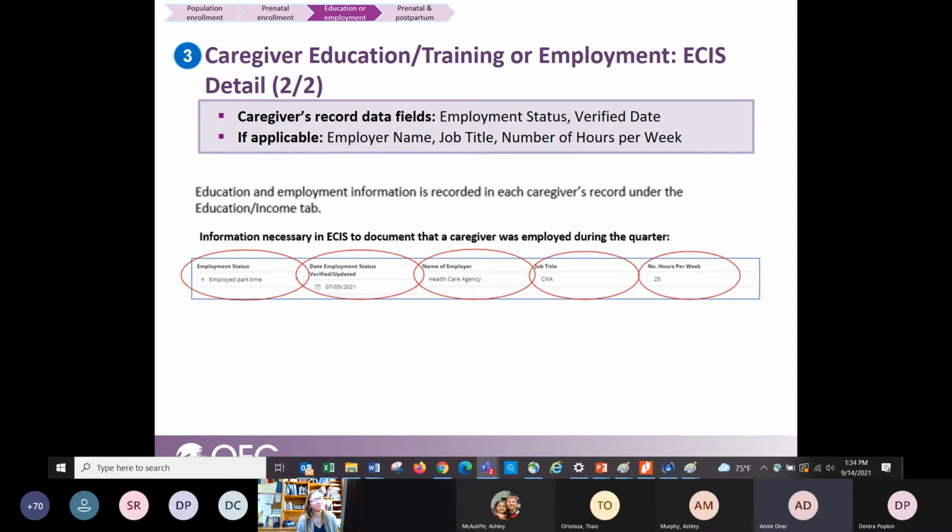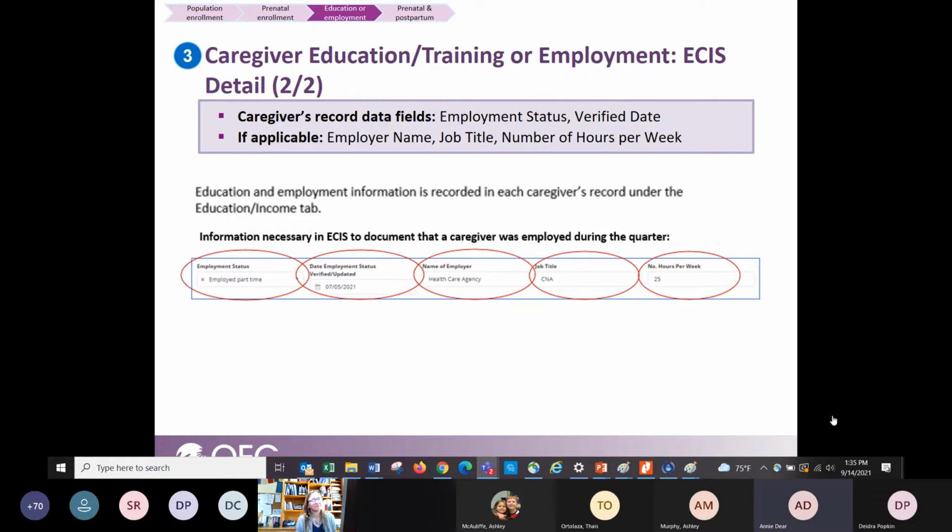So if that last date of the quarter happened to be the date that you last had contact with a caregiver and confirmed their education status, then that date is eligible and would very much meet the metric, but we wouldn't enter that date as a stand-in for a different date if that interaction occurred earlier in the quarter.